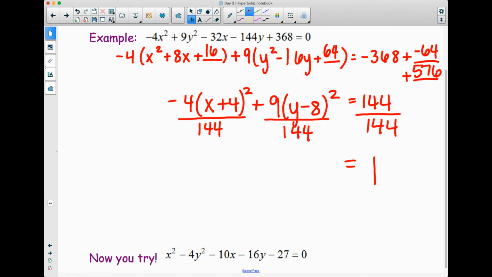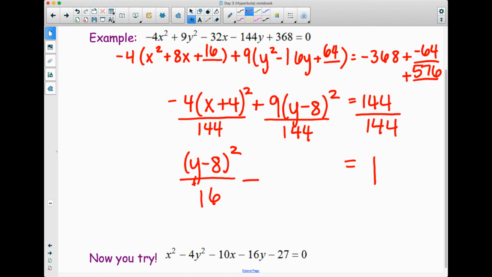There's my 36 I was looking for. Okay, so the 9 over 144 reduces to 1 over 36. So y minus 8 squared over 36 minus, and the 4 over 144, wait, no, the 9 is the 16. I did it again. Is that coffee or is this water? I can't have coffee right now.